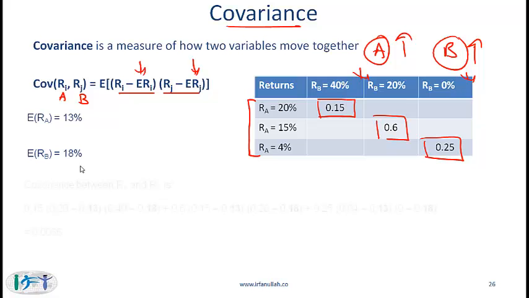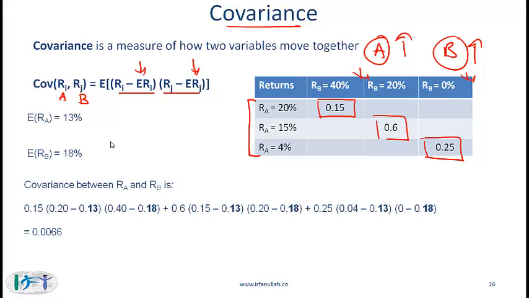The expected return on B is 0.15 into 40 plus 0.6 into 20 plus 0.25 into 0, and that is 18. Then to compute the covariance, we have to come up with the expected value of this product. The way we do that is look at the first scenario, which has a 15% probability. This product is the return on A minus the expected return on A in the first scenario. In the first scenario, the return on A is 20% or 0.2.